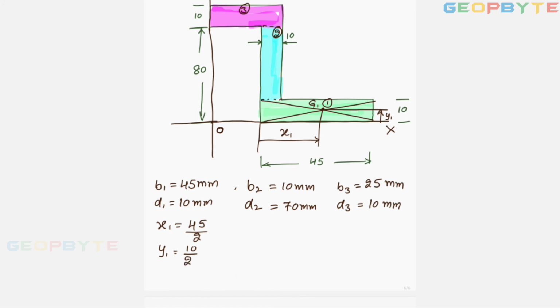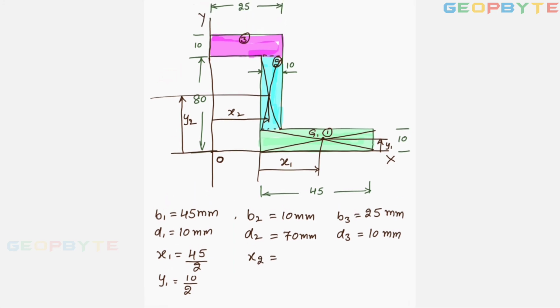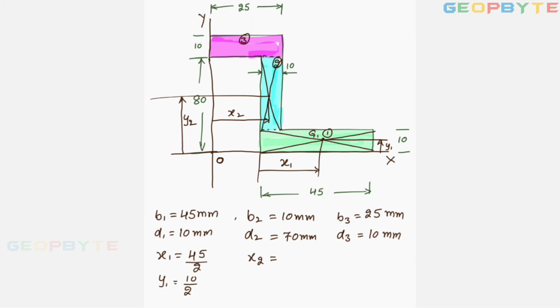Similarly, for section 2, join the diagonals. This is your x2, and this is your y2. Now x2 equal to, look at the middle part, the middle web is 10.